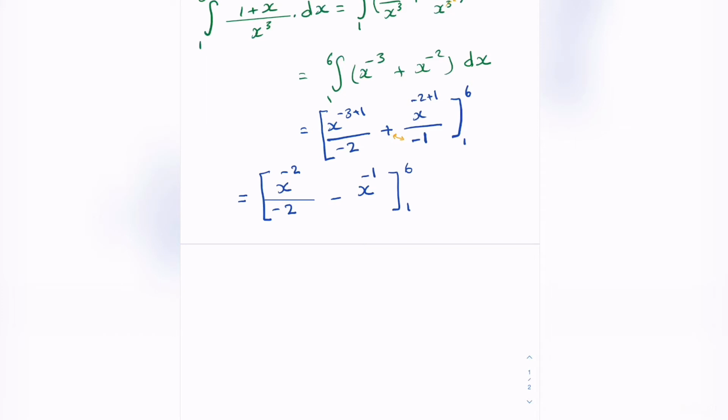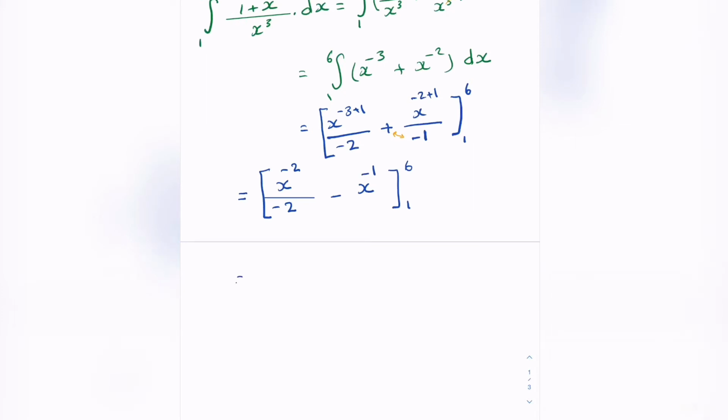Right, so this is going to be 6 to the power minus 2, so it's like divided by minus 2, so we can put the minus at the top here. So it's minus 6 to the power minus 2 over 2, minus 6 to the power minus 1.